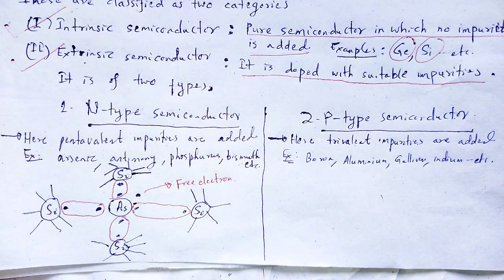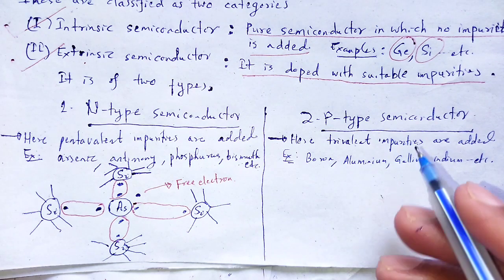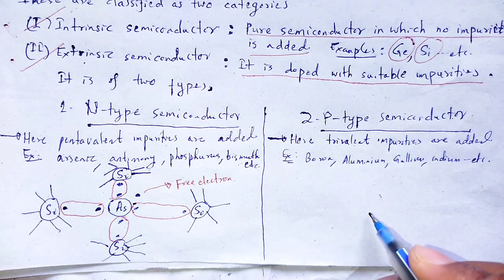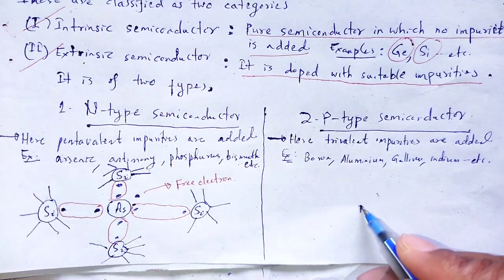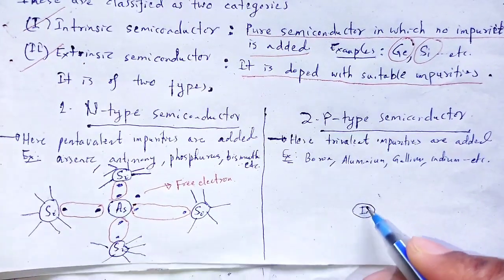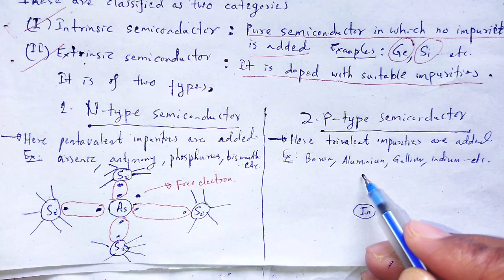Similarly, for a P-type semiconductor, trivalent impurities are used. For trivalent impurities, let us choose indium, which is doped with silicon.